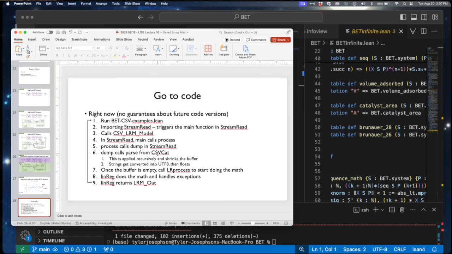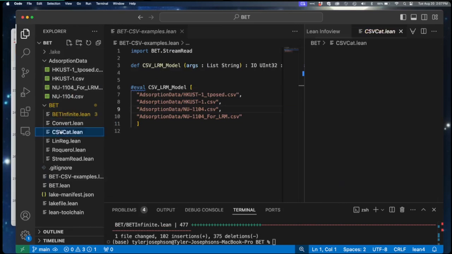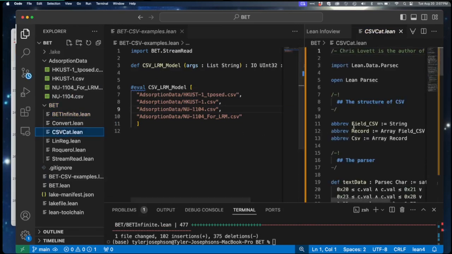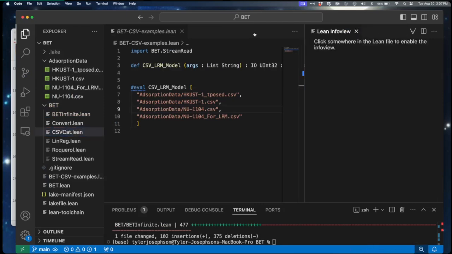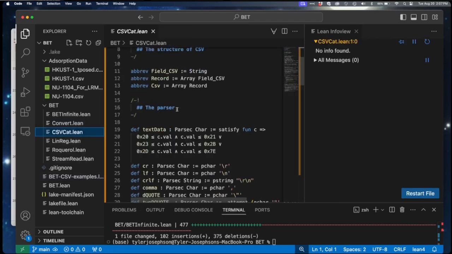If you're asking how I created the original columns and rows, well, I started with this data. We started with the CSV file, but then CSV cat, as we saw before, has a parser. Oh, I don't want that over here. I want it here. There we go.